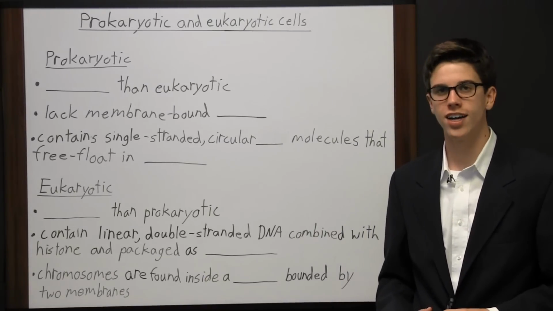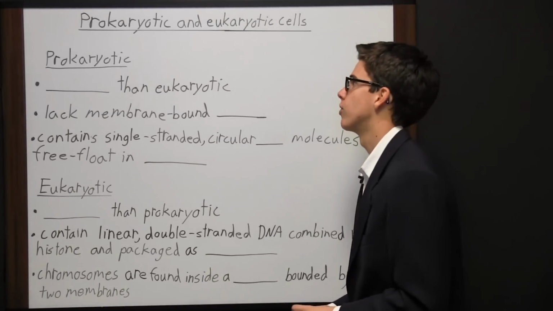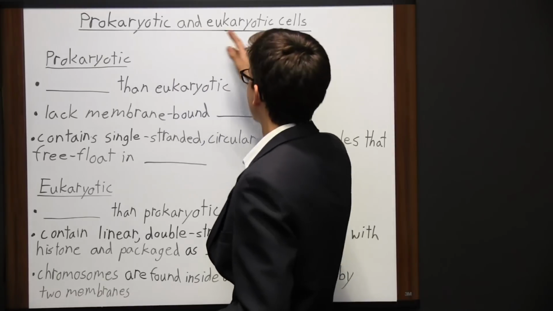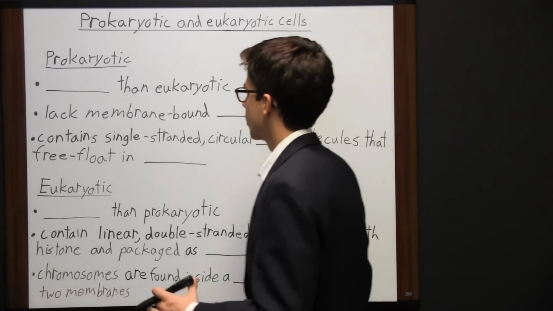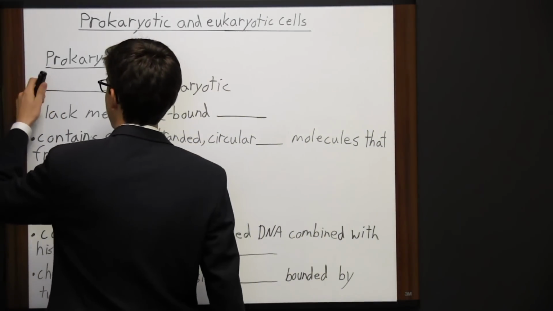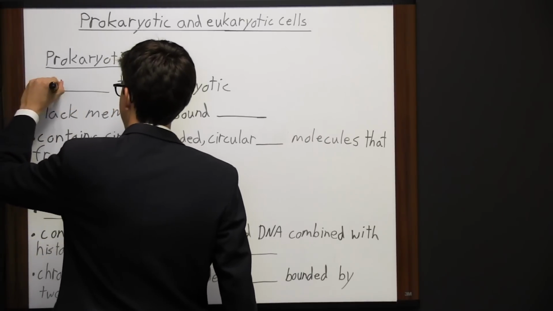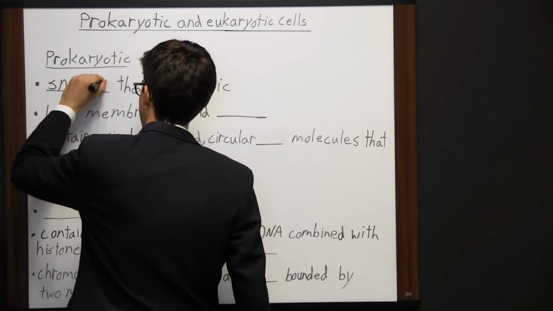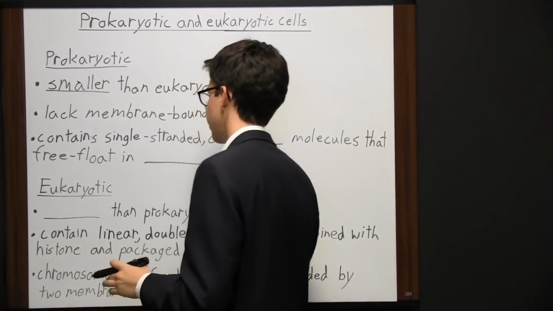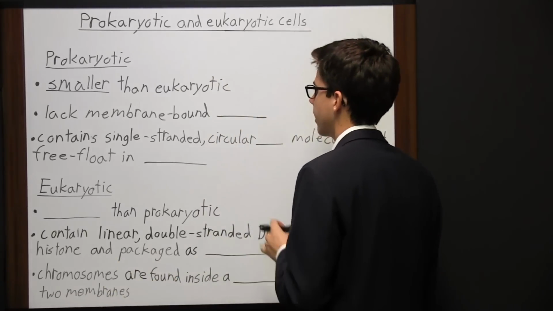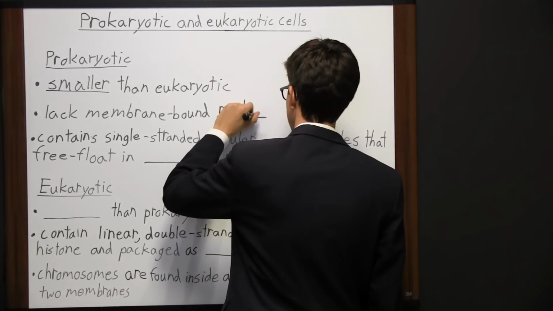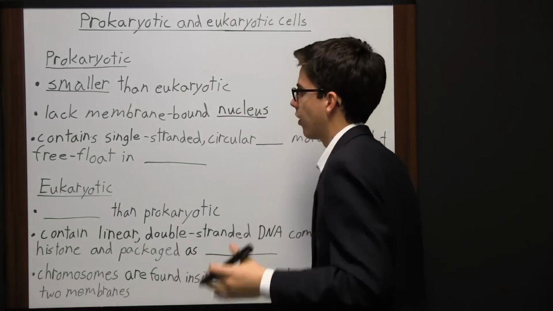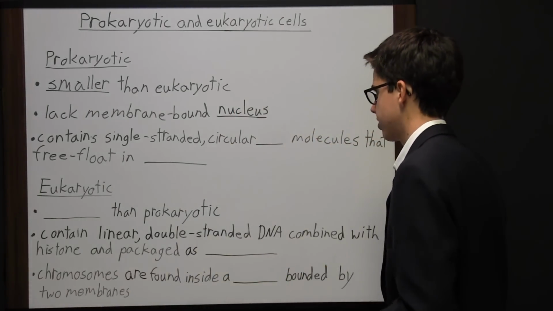We can classify cells into 2 categories, prokaryotic and eukaryotic. Prokaryotic cells are smaller than eukaryotic cells. In addition to being smaller, they lack a membrane-bound nucleus.